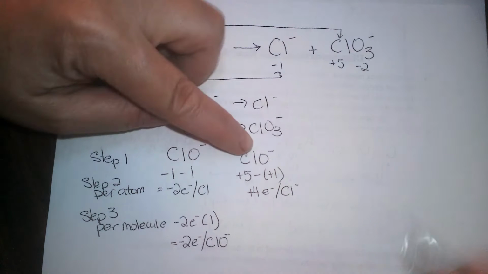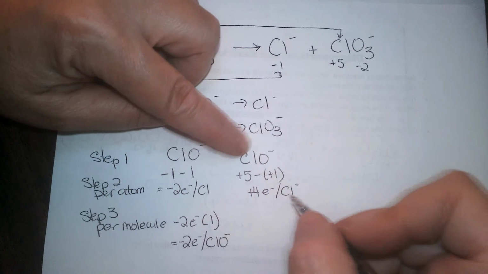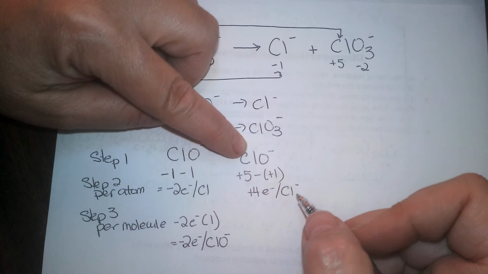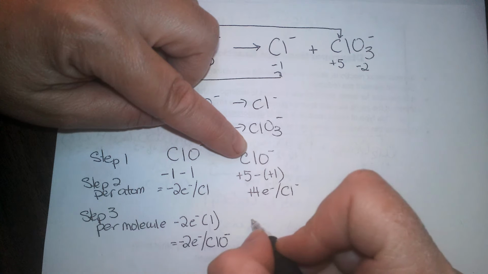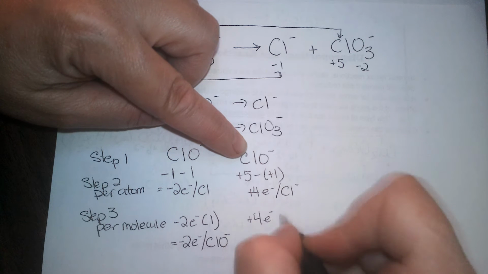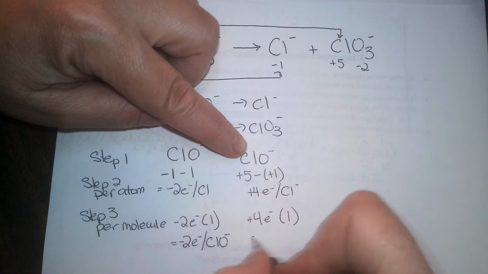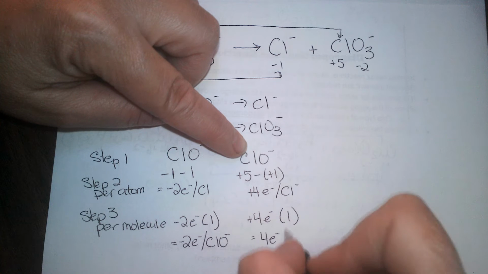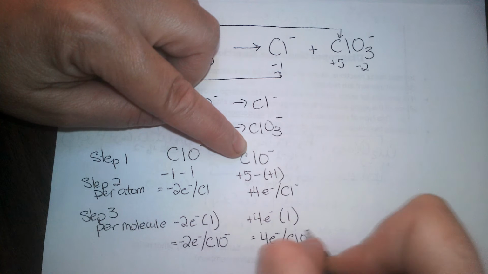What about this chloride ion? How many chlorides are in this? 1. So I'm going to take 4 electrons, multiply it by 1, so that I have 4 electrons per chloride ion.